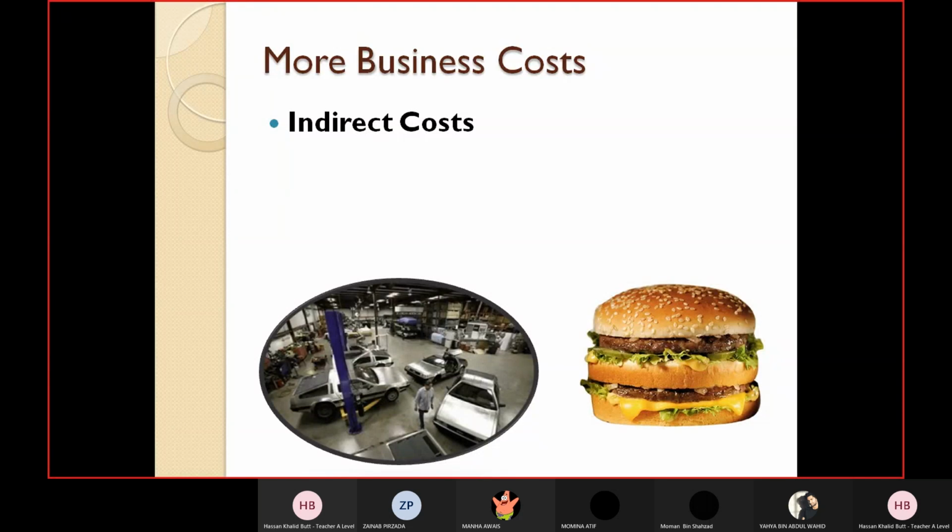So rent is a fixed cost, and generally, indirect cost is a fixed cost. As I told you, rent is an indirect cost because you cannot directly relate it with any of the product, and it is a fixed cost as well. It doesn't matter how many cars you repair, still you have to pay the same amount of rent of the building to the owner, right? So it is fixed as well.